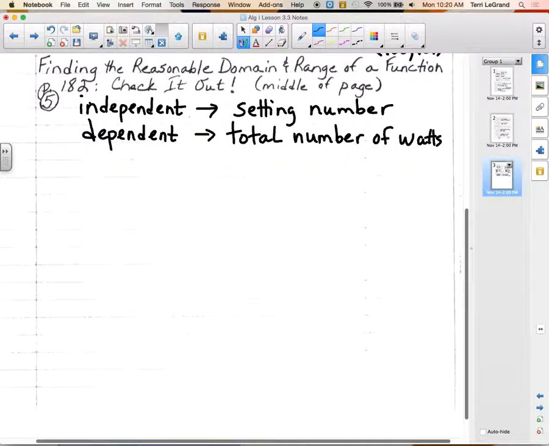Okay, what's the function rule this time? Let's write it. Function rule. We're even practicing everything we had to do here. Function rule is just the function rule. Remember, that's an expression. There's no equal sign. It's not an equation. What's the function rule for this one?